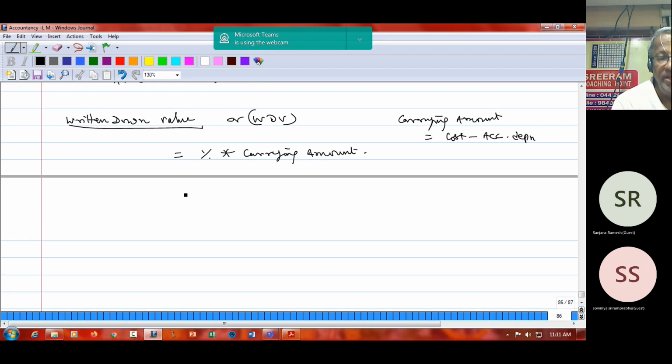In WDV, carrying amount will never be zero. In the WDV method, carrying amount will never be equivalent to zero or less than 1. It can be equivalent to 1.